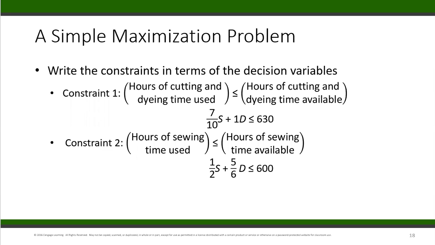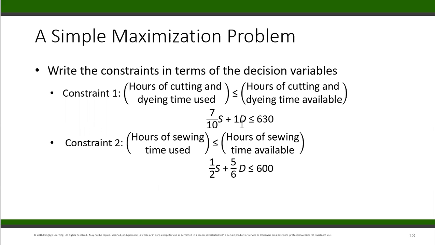And for the constraints, the logic is that the number of hours that we need to use should be less than or equal to the number of hours that are available from each department, all right? So we knew that for each standard bag, we needed 7/10 hours of cutting and dyeing.